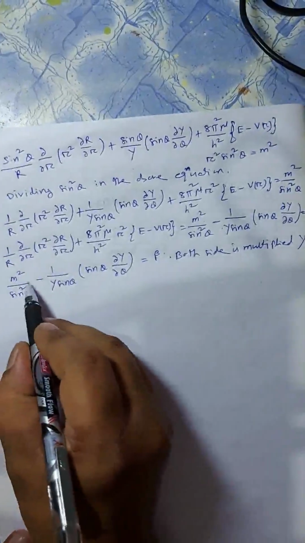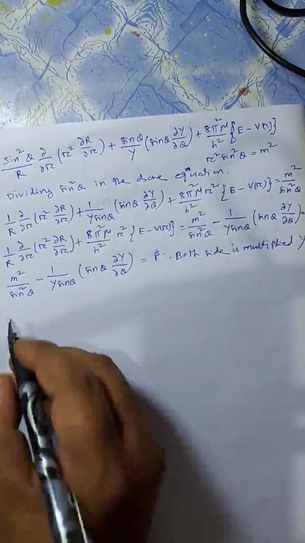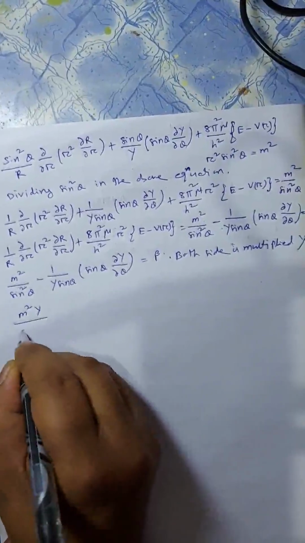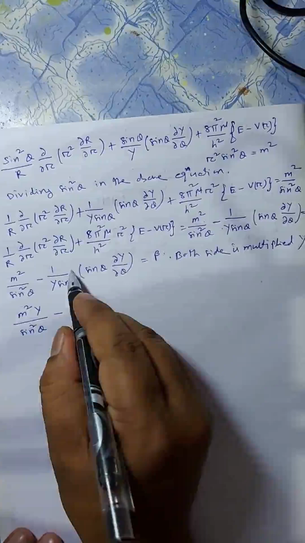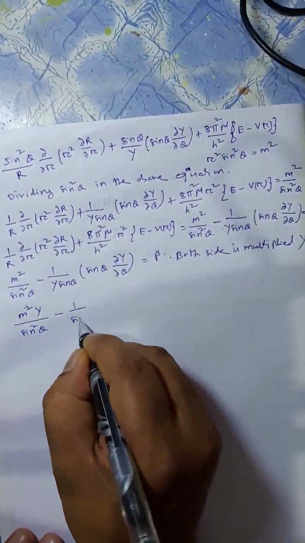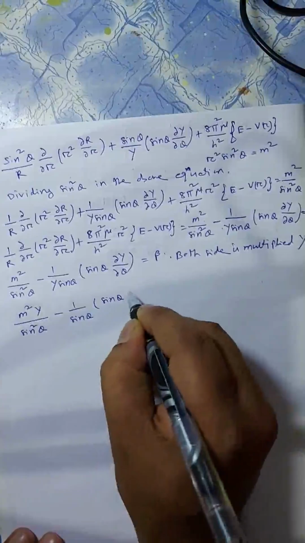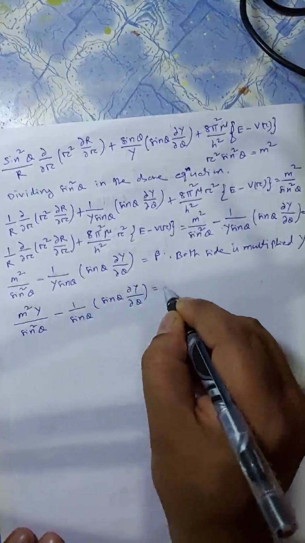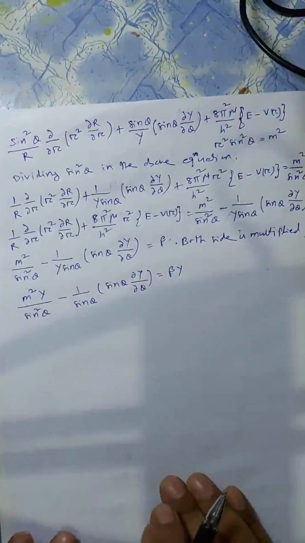Then what happens? Now we multiply the y. Here y is remaining: m r square y by sin square theta minus, when you multiply y, this y cancels, we get 1 by sin theta dou y by dou theta. Both sides we have to multiply y. Then what do we do?